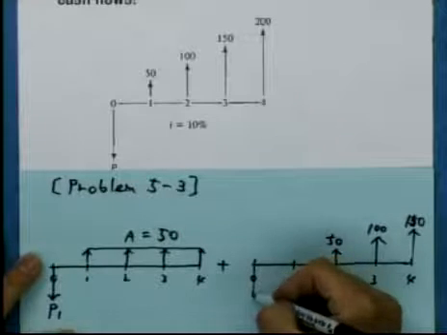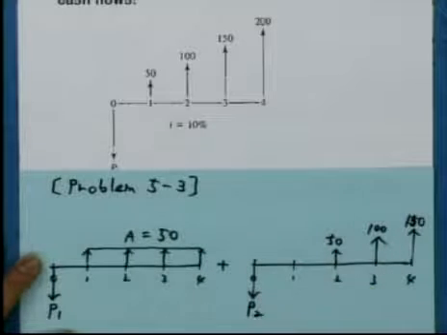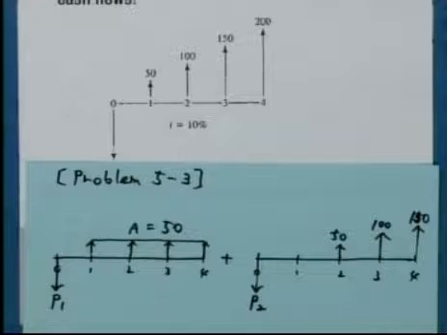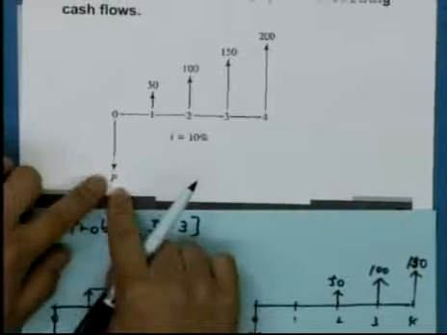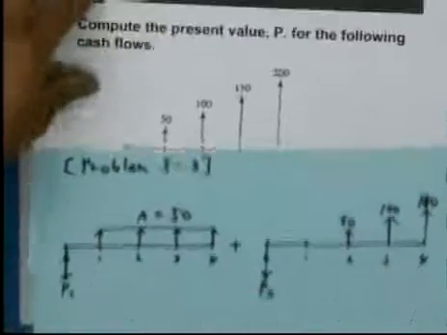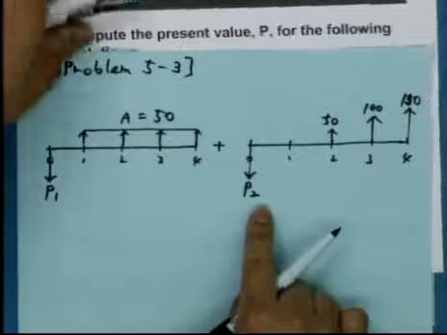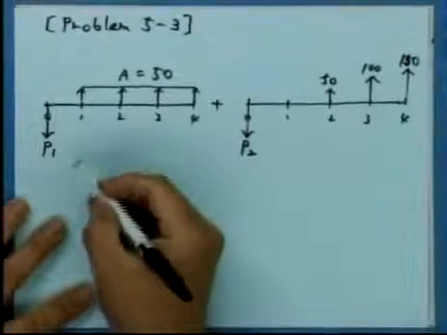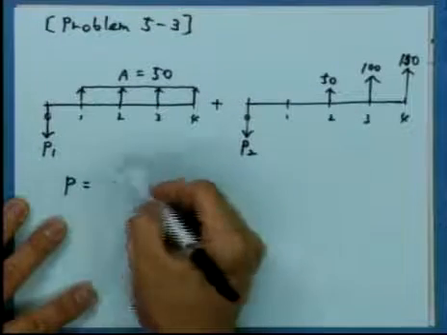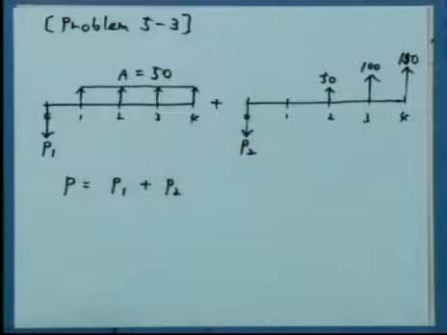And let's set the present sum of money equal to P sub 2. Then this original P value can be obtained by summation of P sub 1 and P sub 2, right? So P equals P sub 1 plus P sub 2.